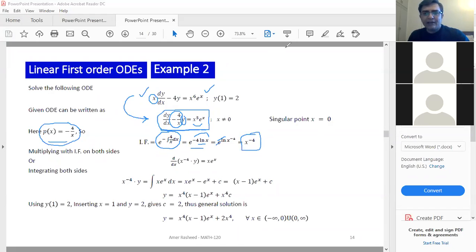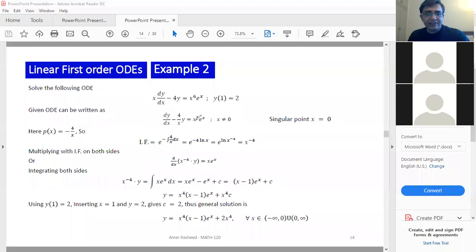Now multiplying the equation by the integrating factor on both sides, we obtain the derivative of the product of the integrating factor and y. When we multiply on the right hand side x raised to power 5 and x raised to power minus 4, we get x only.